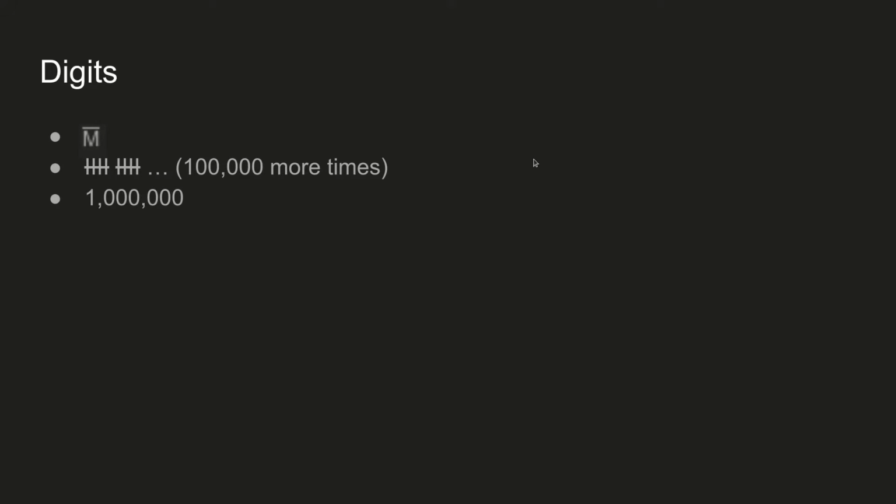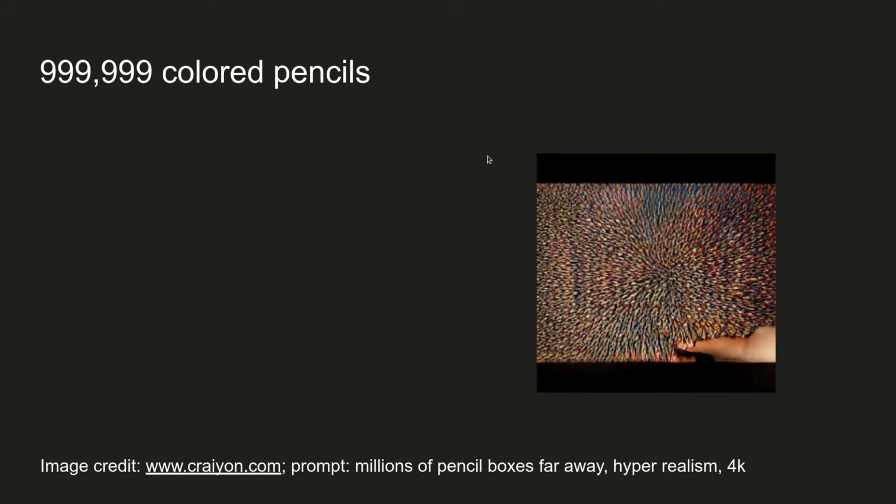And in normal numbers, we see a million is just 1 followed by 6 zeros. Well, that's nice. That's a really even number. But what about 999 colored pencils?